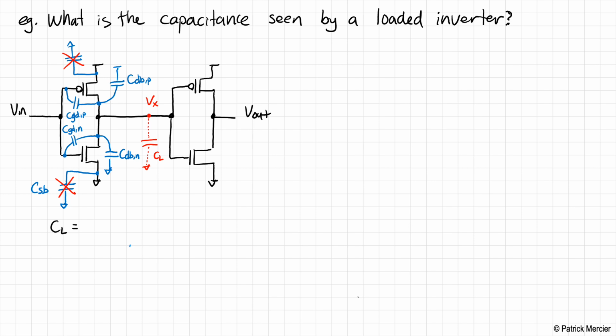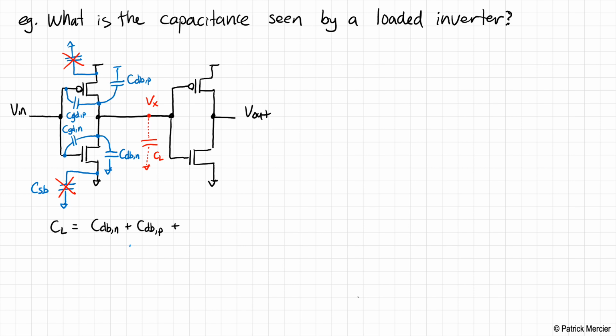Okay, so let's go ahead and add those CDBs first. I'm going to call that CDB N plus CDB P. Okay, so those are easy. Now, what about these CGD terms? So it turns out it's a little bit trickier than perhaps we would originally think.